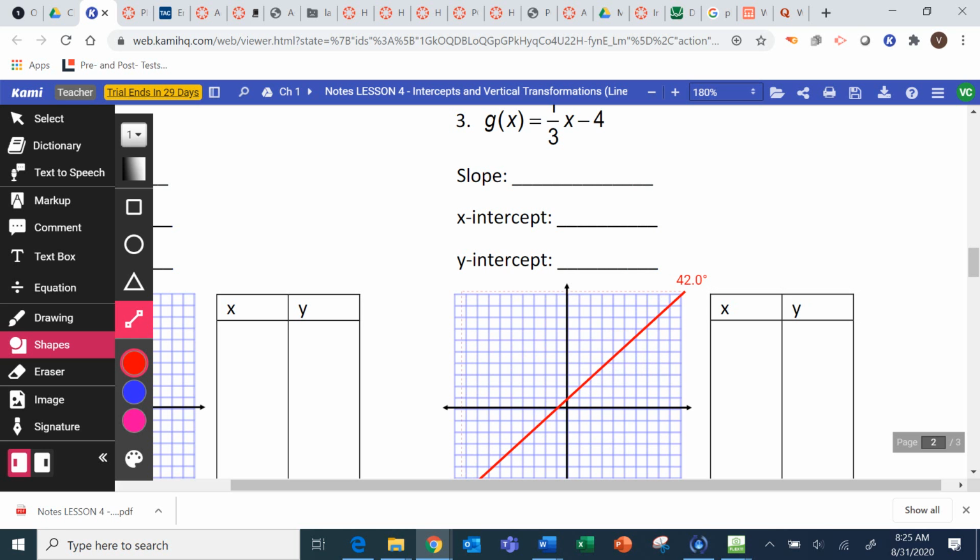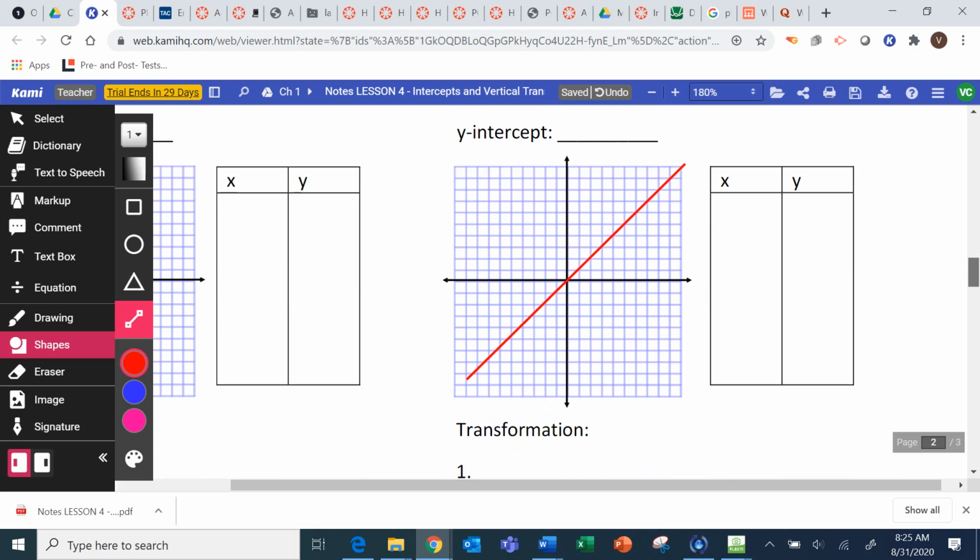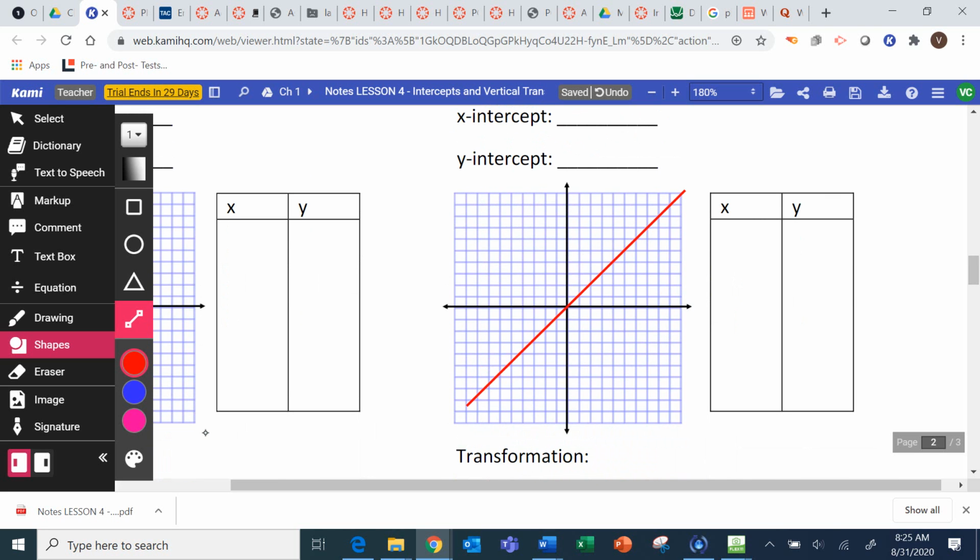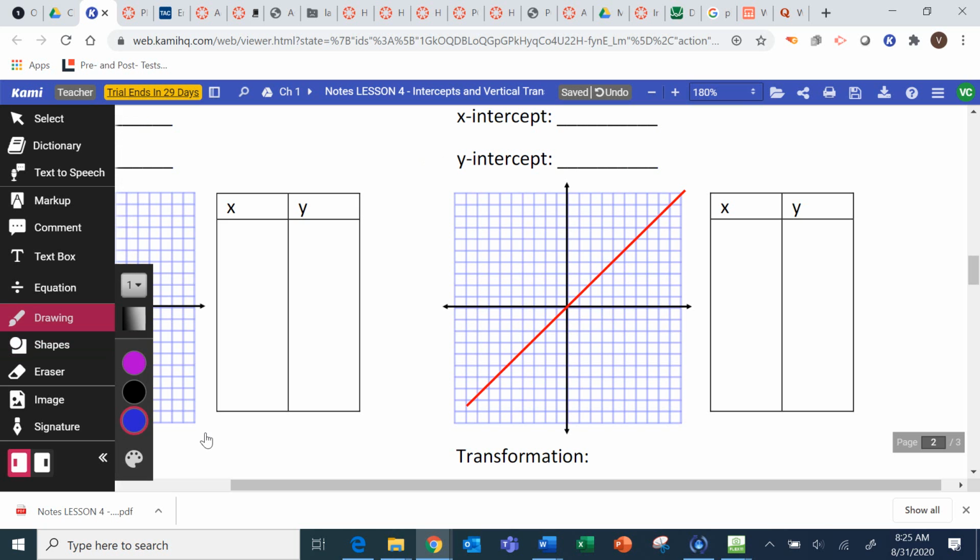Y equals X goes through the very center of the graph. Y equals X is where Y and X are the same ordered pairs. This is the parent function. This is how all lines start out.